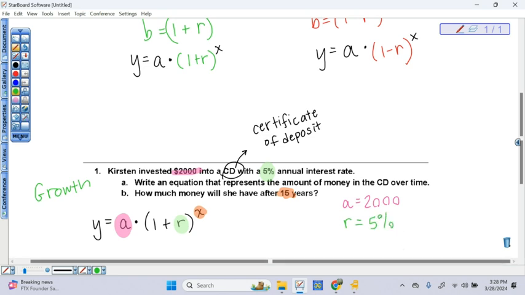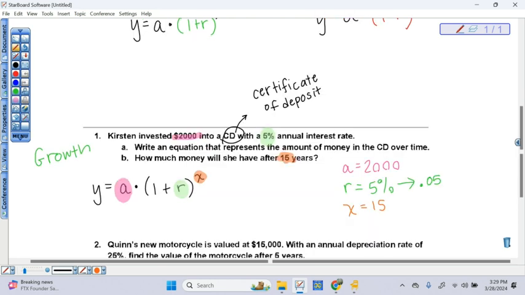It's growing by 5% every year, but I need to change that from a percent to a decimal. And how do we do that? Yeah, just take 5 and divide it by 100, so that's 0.05. And then my time period is just 15. So now I can plug all those numbers into my equation.